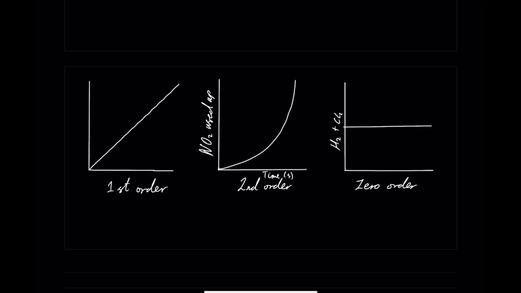And yeah, I'll go through it. So the very first one here is first order. A graph with direct proportion, a straight line of direct proportion, represents first order. Sorry, I probably should have done a better job with this.